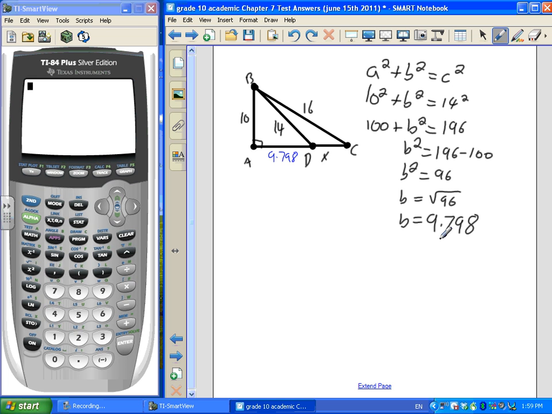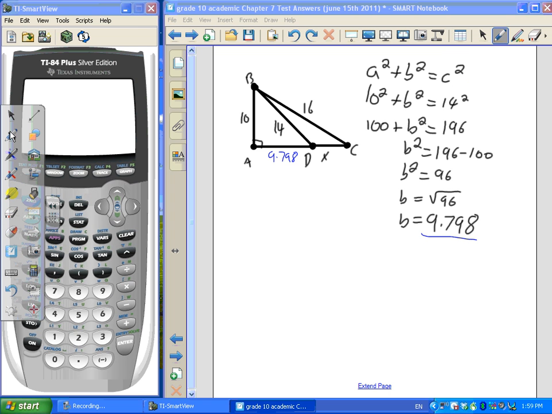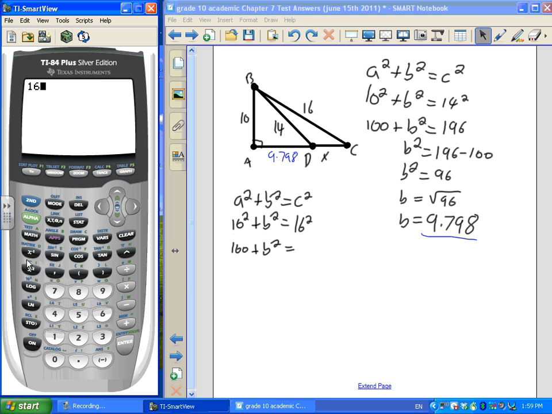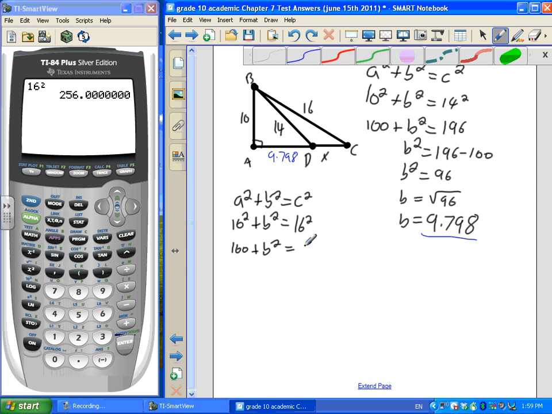Now the next thing we're going to solve is the distance from A to C. We're doing the Pythagorean theorem again, same idea. A squared plus B squared equals C squared. A can be our 10. This time C is 16 because the hypotenuse is longer on a different triangle. 10 squared is 100 plus B squared is equal to 256.